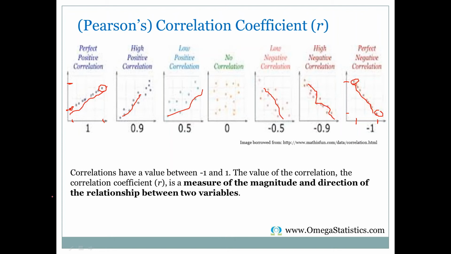Is it possible to have a strong correlation but a weak p-value? Yes, it is. Mostly that's going to be when you have too small of a sample size. If you had a strong correlation and a weak p-value, you might not have enough power in your study.